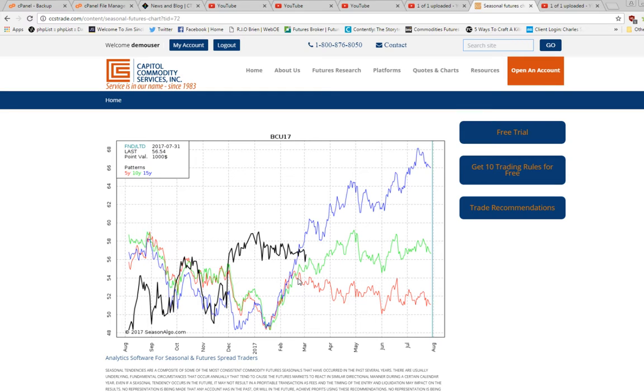It means that if you would have taken the average price of crude oil over the last 5 years for each day and plotted it on this graph, this is what it would look like. So it kind of gives you a projection of how crude oil traded for this time frame over the last 5 years, over the last 10 years, and over the last 15 years.